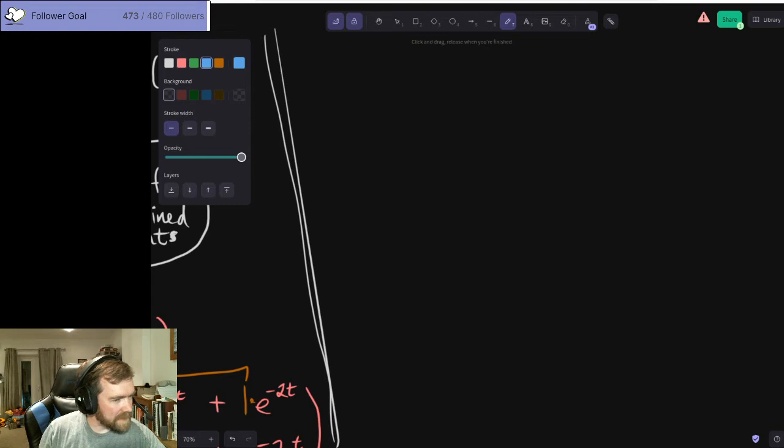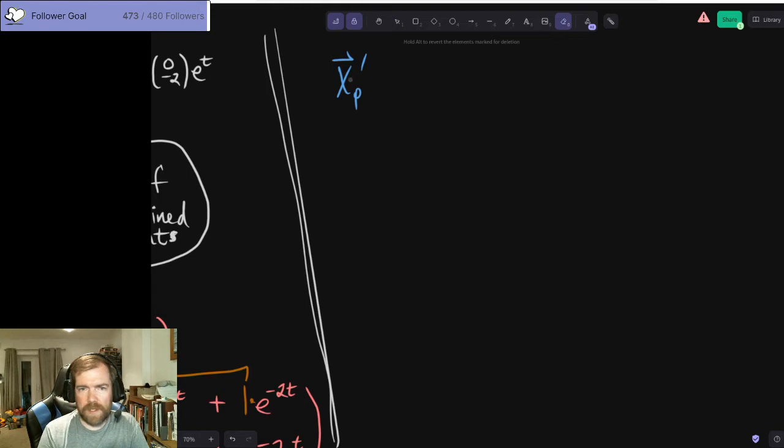Alright, let's see. There is also another method that we can use for cleaning up our particular systems fairly nicely, which is that if we say we want to get the particular solution... Sorry, that was lowercase in the other one.